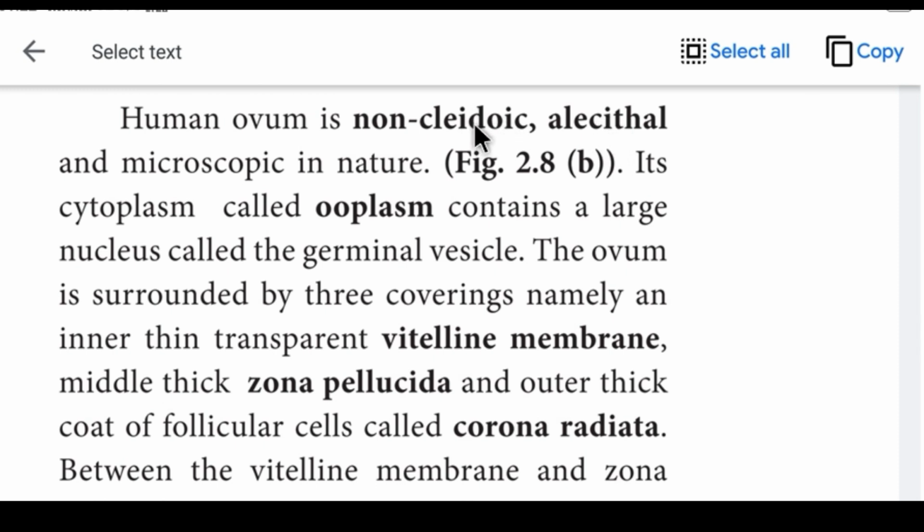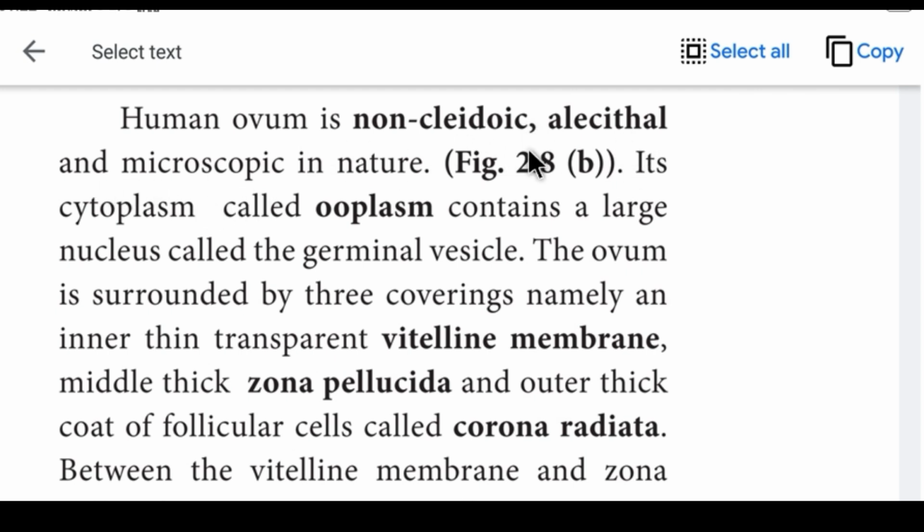Which egg is cleidoic? The hen egg is in contact with the earth. Whenever the egg is in contact with the earth, it makes a shell. That is called a cleidoic egg. But a human ovum is not cleidoic.